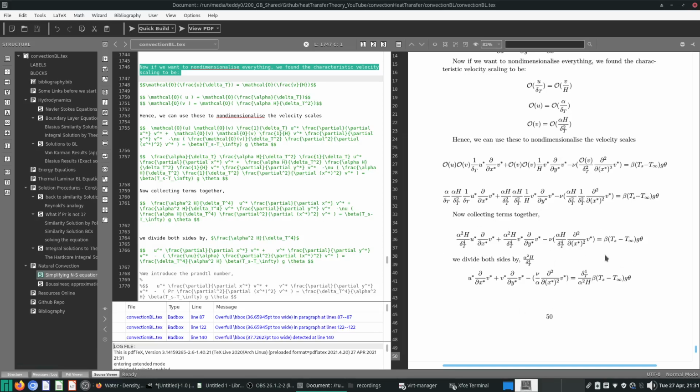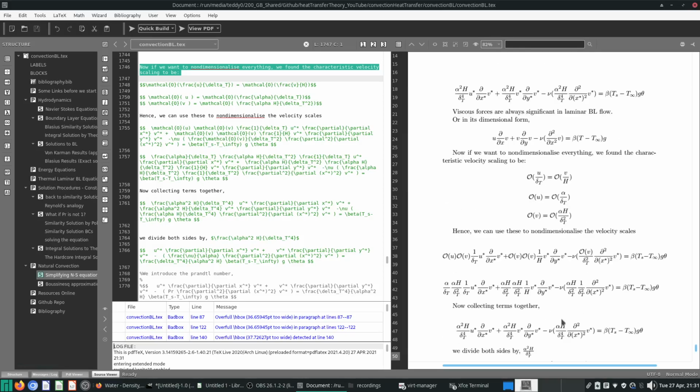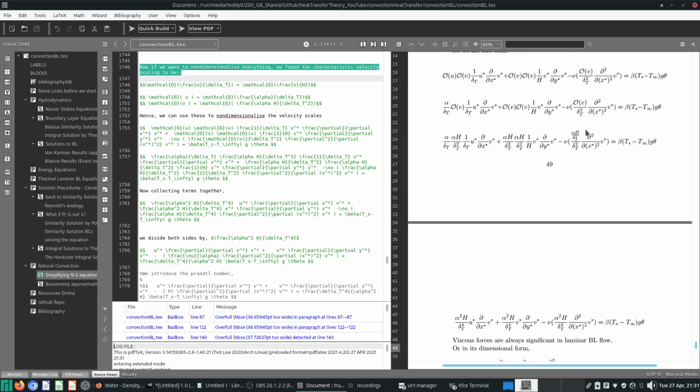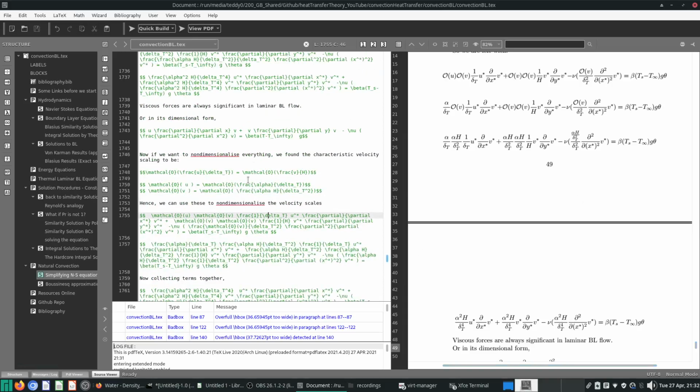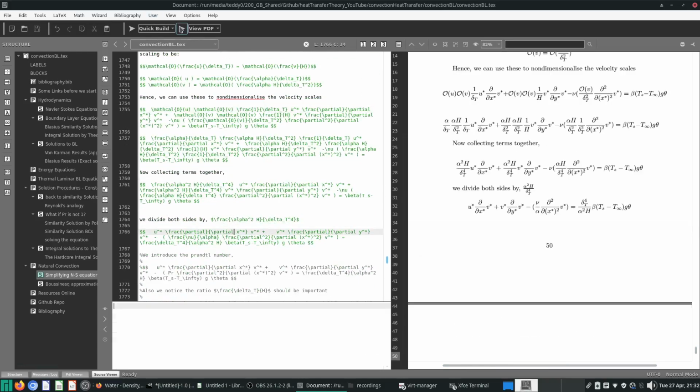So just to tidy things up, we divide both sides by this term, alpha squared h over delta t to the fourth. Okay, is it alpha squared h? Oh, this is alpha h. I might have made a mistake here. There's no square over here. It's just alpha h. Nevertheless, we will not neglect that term. It is not safe to neglect that term.